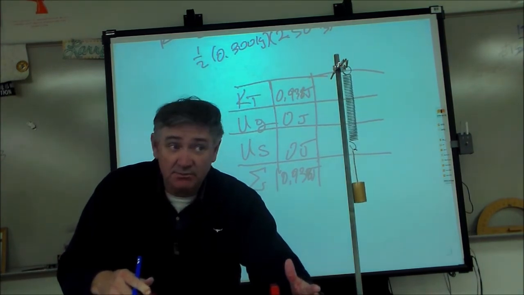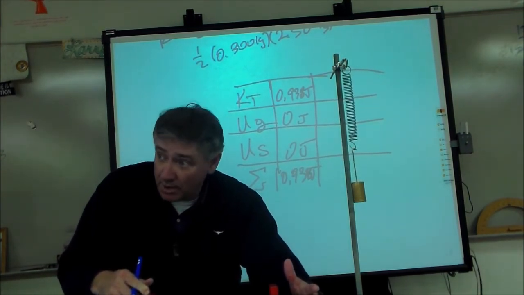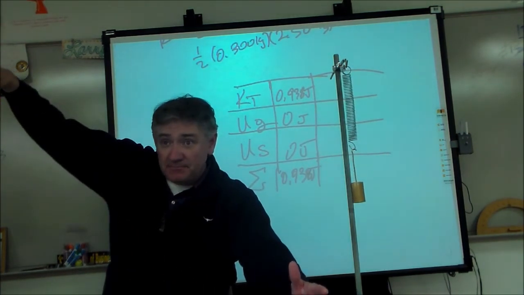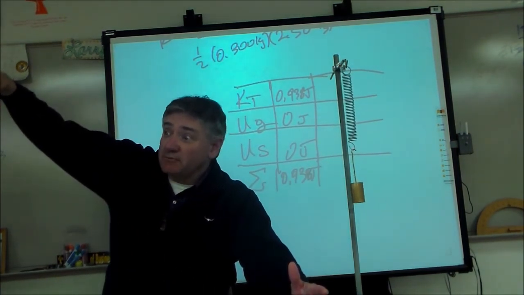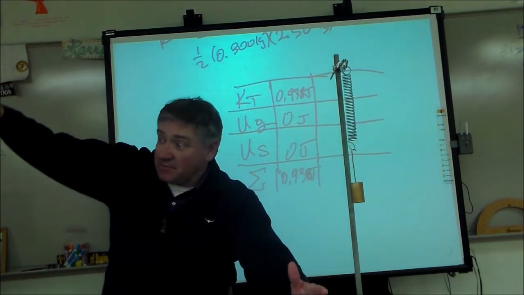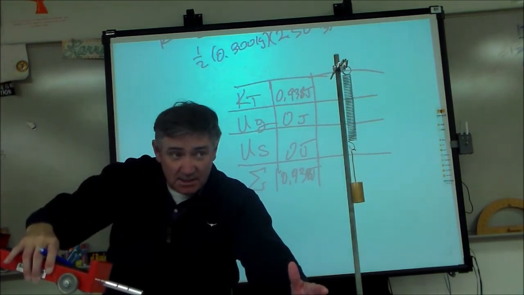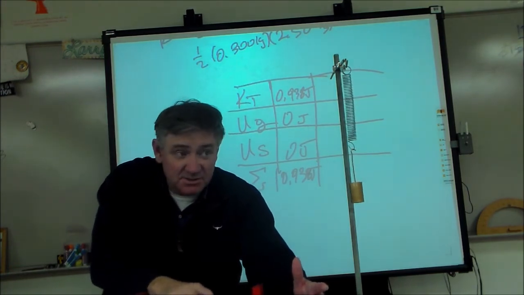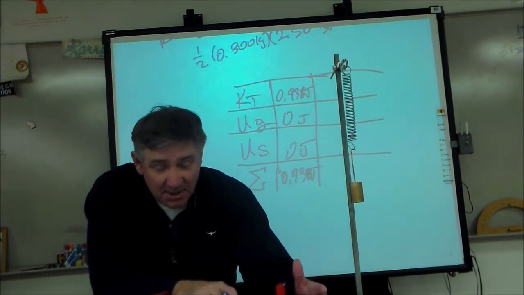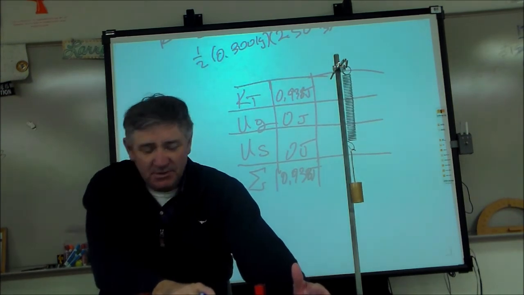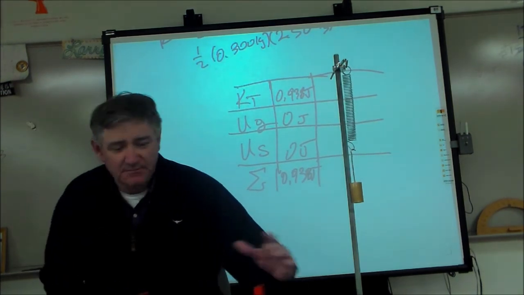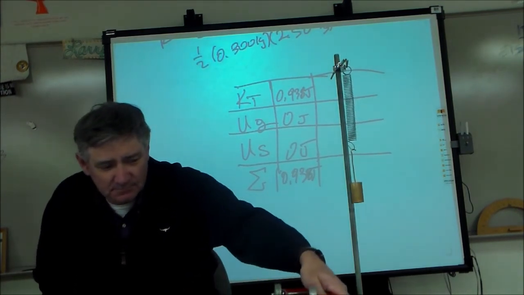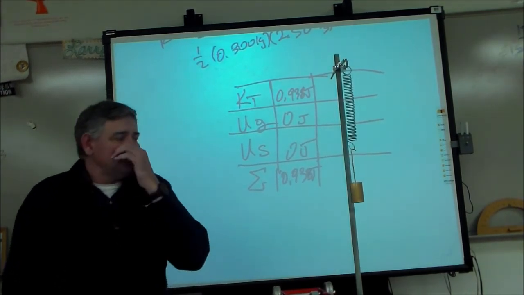Spring. You would have no KT and no UG. Now, imagine that you could put it up on a ramp. Then it would roll down and gain KT, and then it would roll along and have kinetic, and then it would change that into spring energy. Look for a problem like that coming near you, where you have all 3 types of energy. You can handle it. I got faith in you.